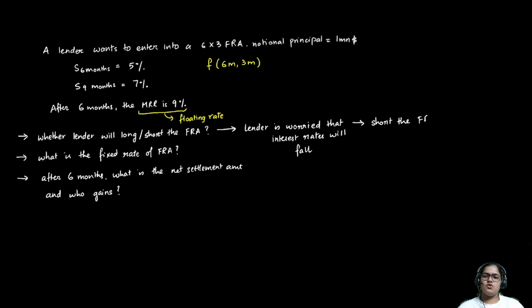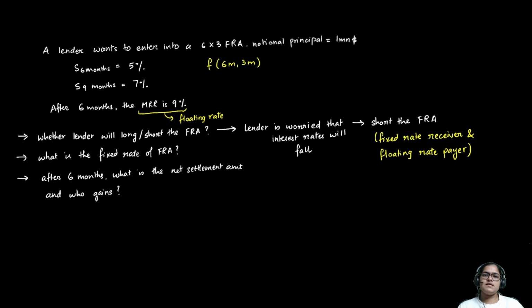A lender will always sell the FRA, like we have seen in our examples also, which means that a lender will want to be someone who receives the fixed rate. He will be the person who receives the fixed rate and pays the floating rate, because I am worried that the interest rates will fall.